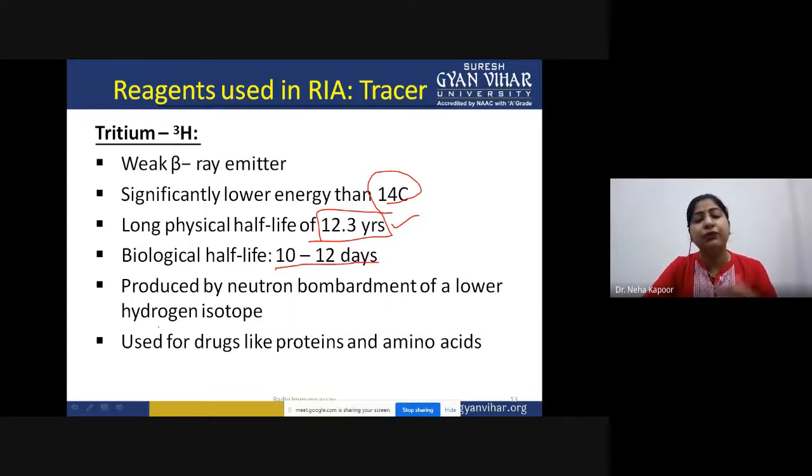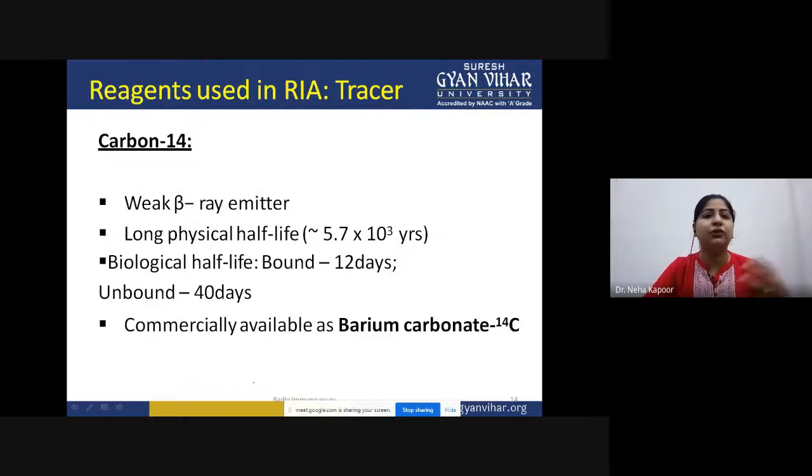If you want to produce tritium, you can bombard the hydrogen isotope with a neutron so that we can get the tritium molecules. We normally use this for labeling whenever we go for the detection of certain kinds of drugs which are proteinaceous in nature.